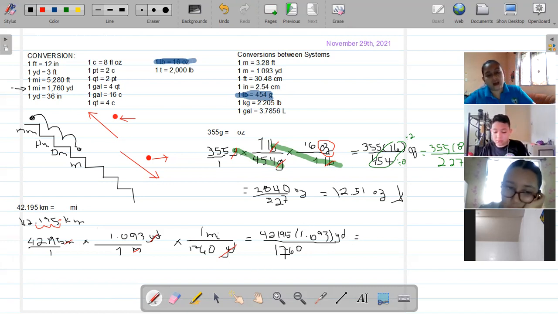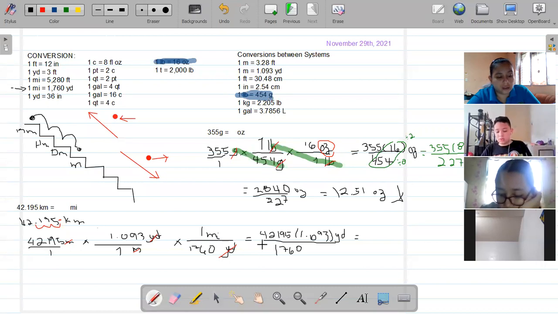I'm not going to simplify anything in this case, so you can see that you can do it right away. I'm just going to multiply the 42,195 times 1.093, which you need to do manually, okay? And then I'm going to divide that by the 1,760. And I get it as a final answer.